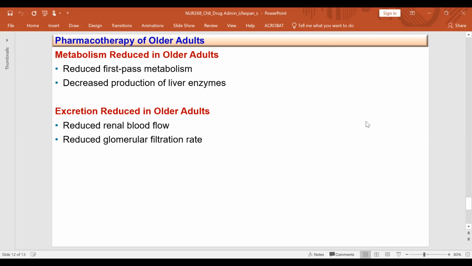These are the three main things pertinent to metabolism: decreased hepatic blood flow to the liver, reduced liver mass, and decreased activity of some hepatic enzymes.